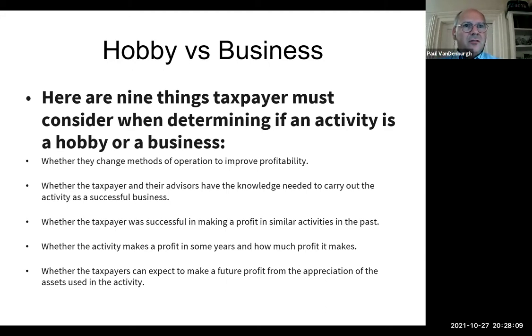I've had to use this argument quite a few years ago. Actually, it was an IRS audit regarding hobby versus business. And I proved that there was a profit in the farm operation. Very small loss on the farm. It was like a $2,000 or a $3,000 Schedule F loss. Been that way for many years.